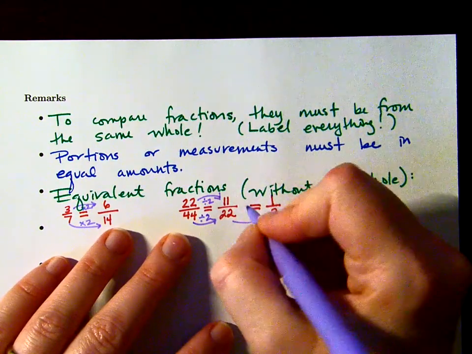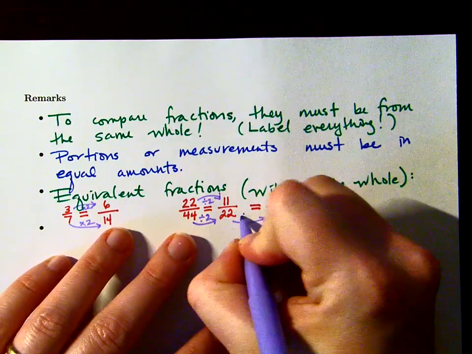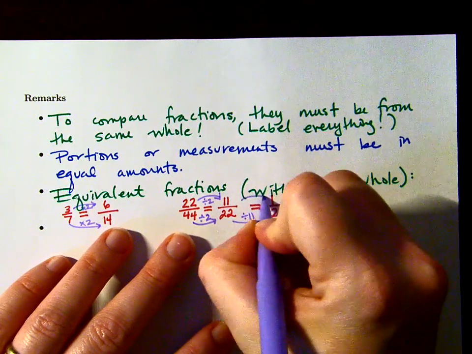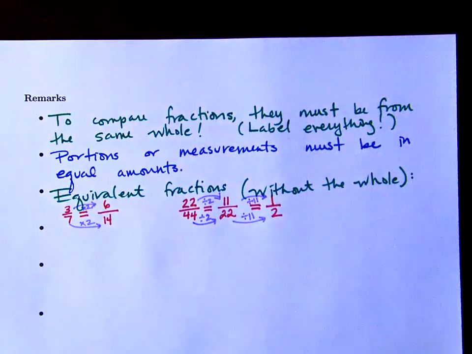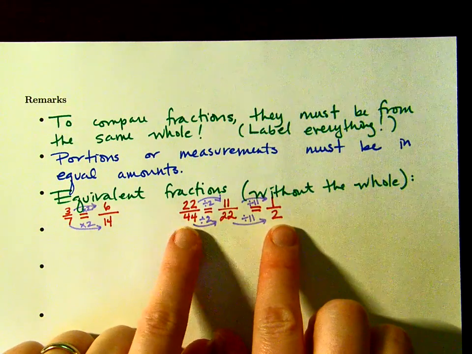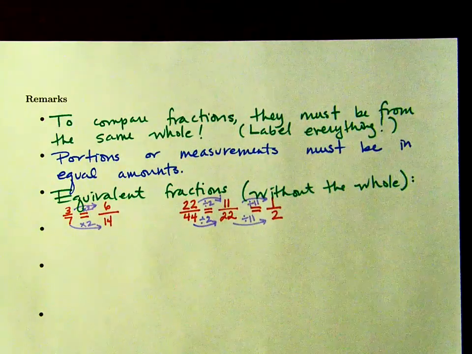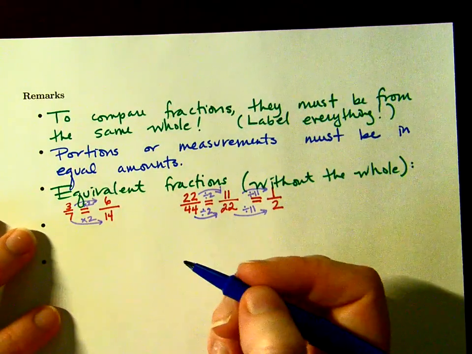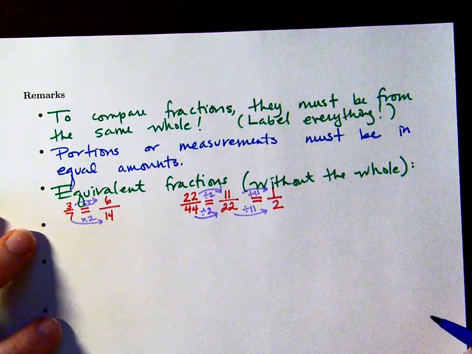I scaled down by 2, gluing every 2 into 1, and then I scaled down by 11, taking every set of 11 pieces and making 1 out of them. And that would be just simplifying it. A lot of people have an easier time relating to a half rather than 22/44. Okay, another remark. Let's go, how do we change mixed fractions into improper ones?